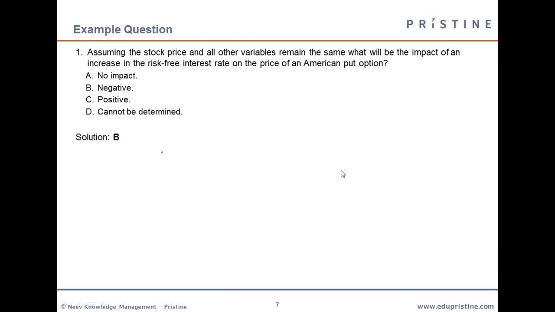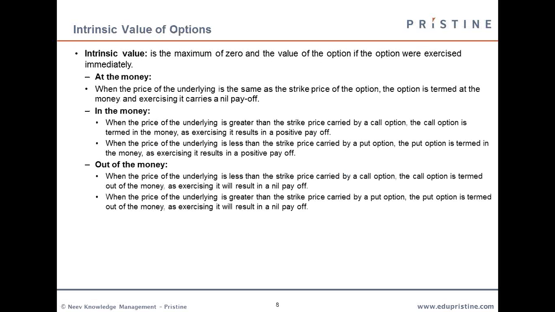So I'll proceed forward. Now let's look at the value of options. Options basically have three kinds of value based on what their payoff is. If an option gives a zero payoff if it is exercised immediately, then it's called an at the money option.